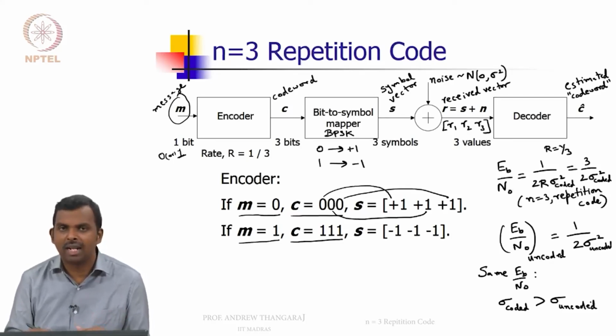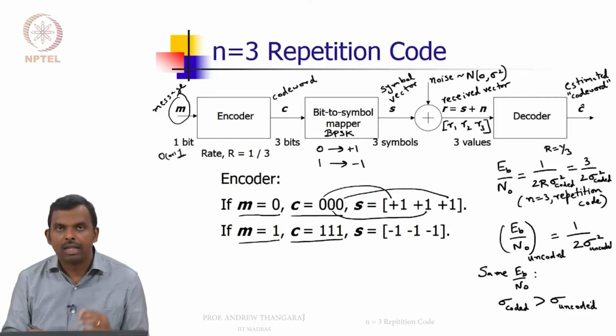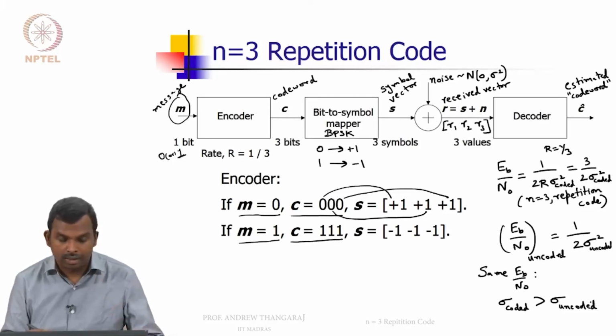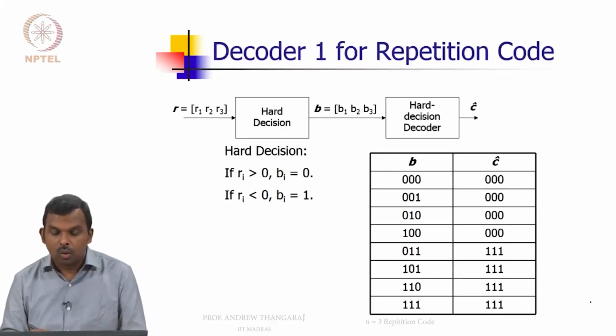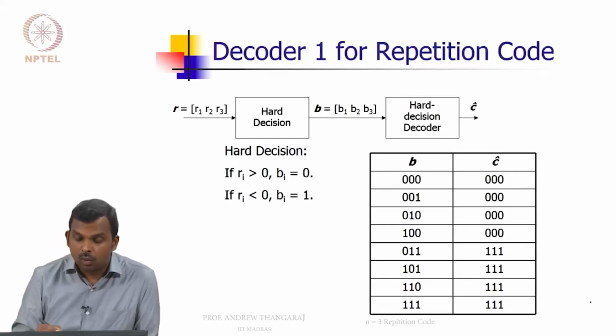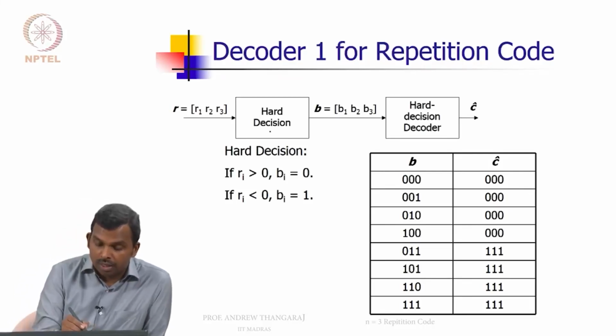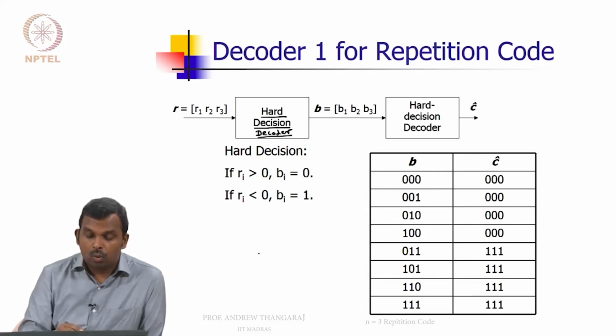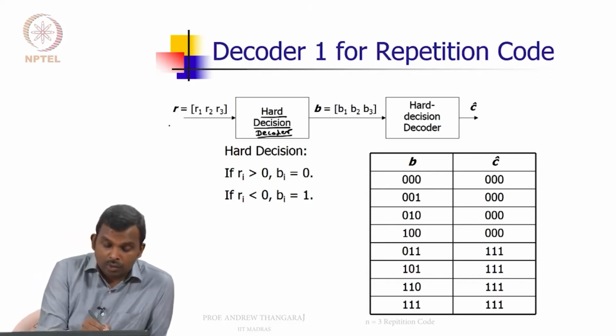Okay. So, there are various strategies, and this code is simple enough, and I can describe from a high level one such strategy. Okay. So, the first decoder we will consider is what is called a hard decision decoder. Okay. So, we have real values here.